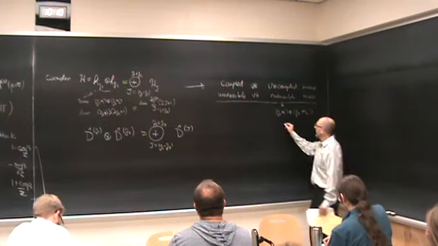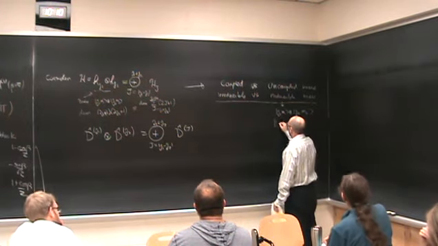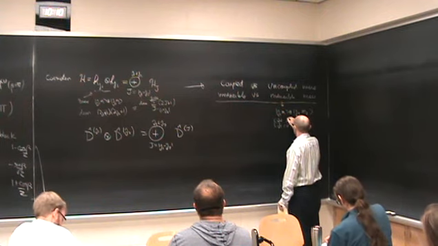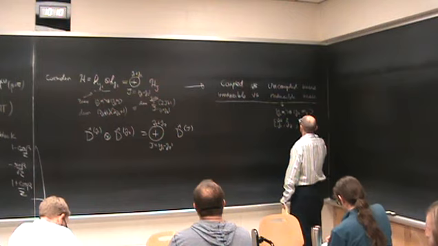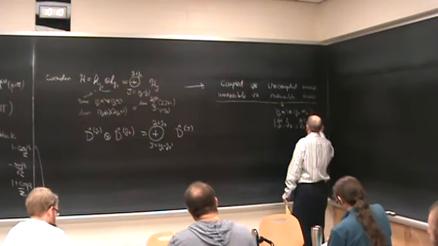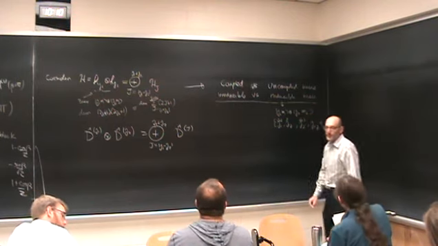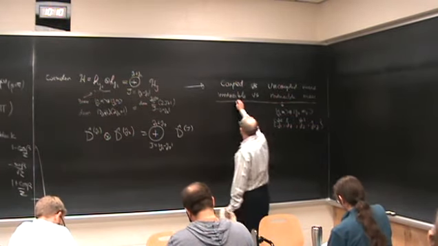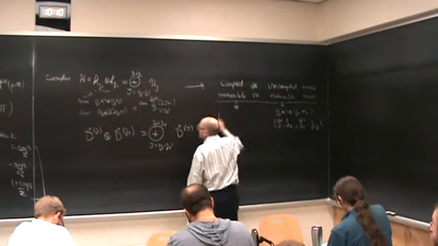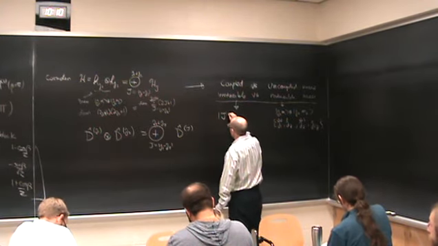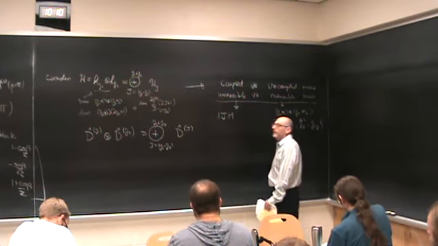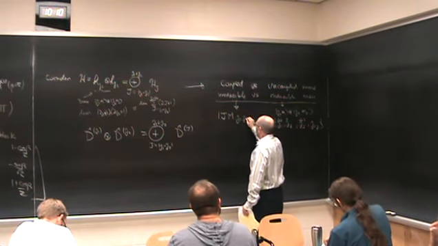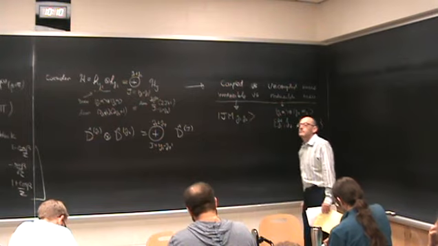These are the simultaneous eigenvectors of J1 squared, J1z, J2 squared, and J2z. We have the coupled basis, which we write with total angular momentum quantum numbers J and M, and also the individual magnitudes.